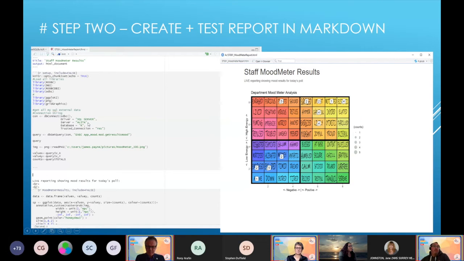You can see my connection to the server. I'm running a stored procedure from there, bringing my data in, and then you knit these together. I won't go into it too much because you could spend all day talking about Markdown, but I'm speeding through the process a little. When you press that knit button, it puts together this lovely little HTML file here, all built in this little screen.